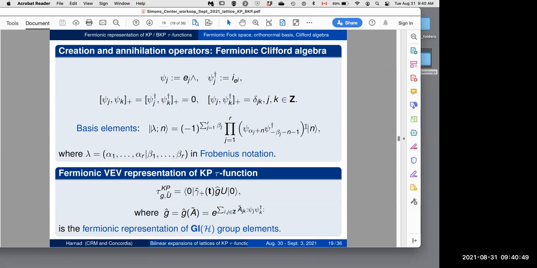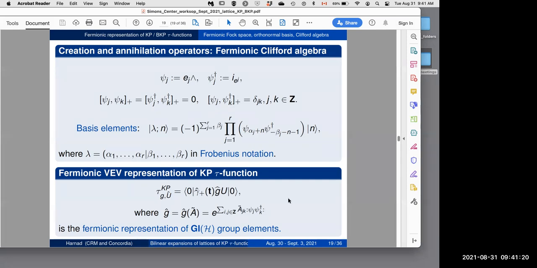This is like a maximal weight vector representation, but in fact there's one sector for each integer n, called the fermionic charge. You act on this maximal weight vector, the vacuum vector, by a finite number of bilinear combinations of creation and annihilation operators, the number being the Frobenius rank, and this is another way to write the basis element.